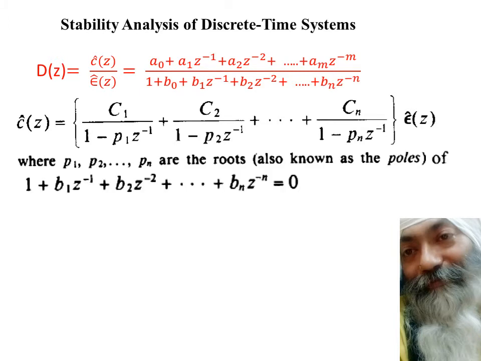These are the roots of the characteristic equation. We had seen that we had this as the denominator, and when we put this denominator equal to 0, what we get is called the characteristic equation. When we solve it, we get these poles, which can normally be represented as complex numbers.